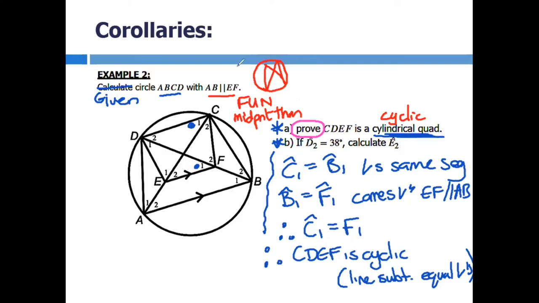So now we've got two cyclic quads here, even though we don't have the circles. D2 is 38 degrees. Calculate E2. What would E2 be? Now remember, we've basically just proven that it is possible to draw a circle around here.